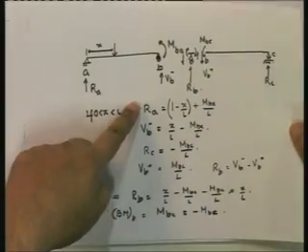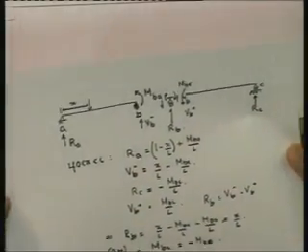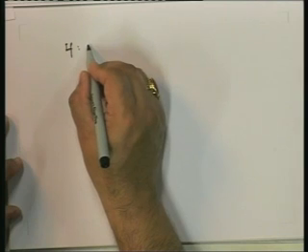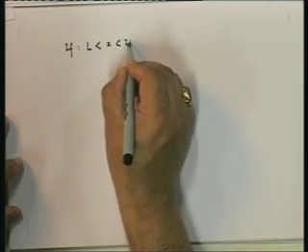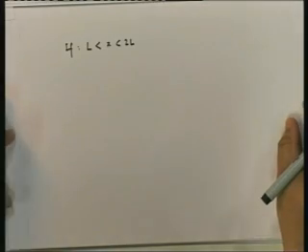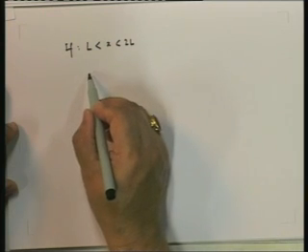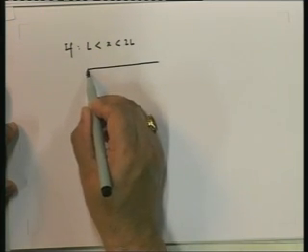We found out RA, RB, RC, and the bending moment at B expressions. Now, we also need to find out what happens if x is between L and 2L.